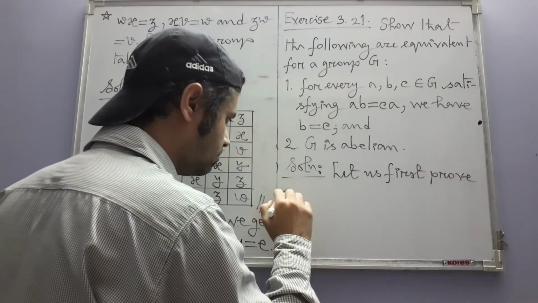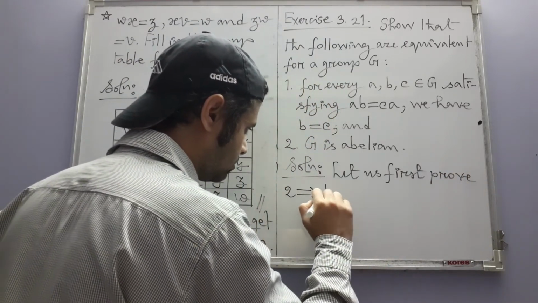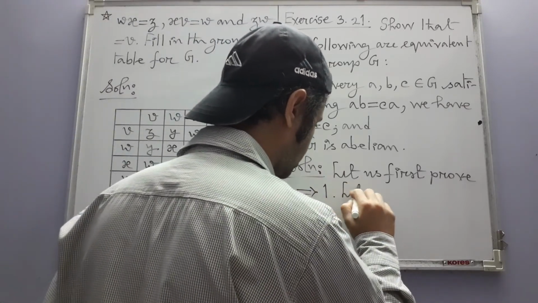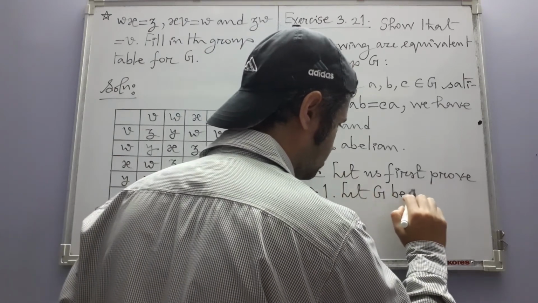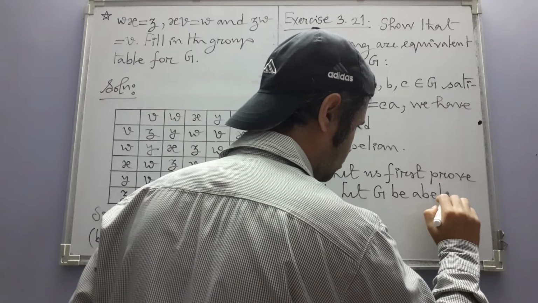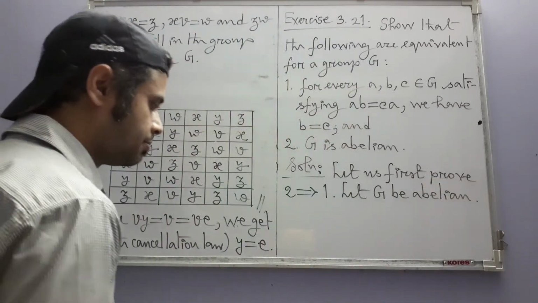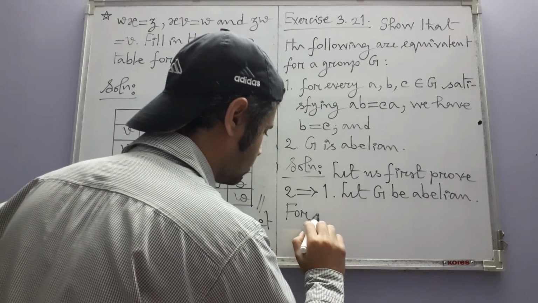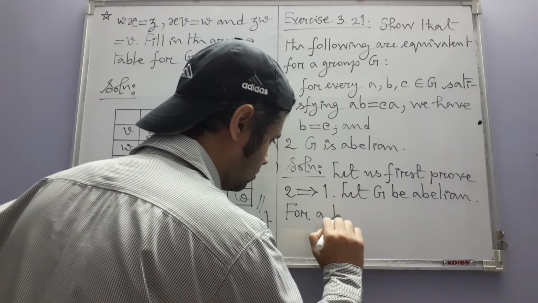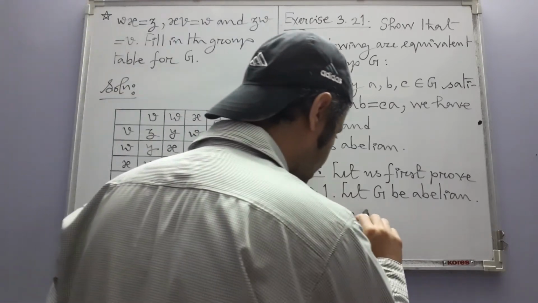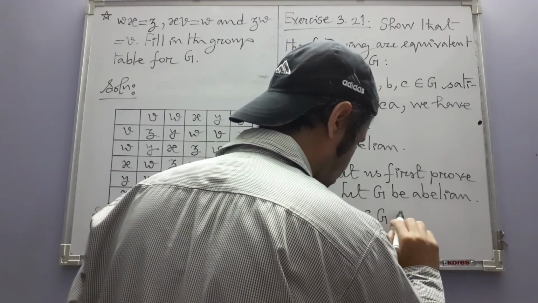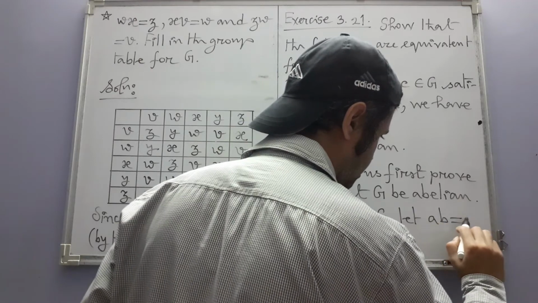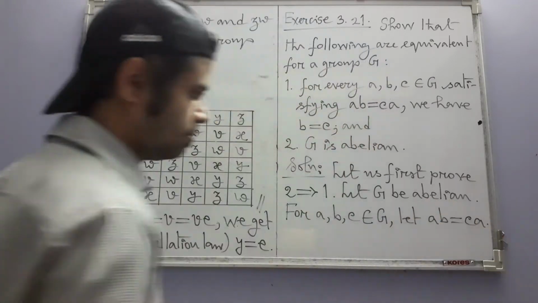Let us first prove that the first statement is a consequence of the second one. Let G be abelian. For any three elements, let AB be equal to CA.